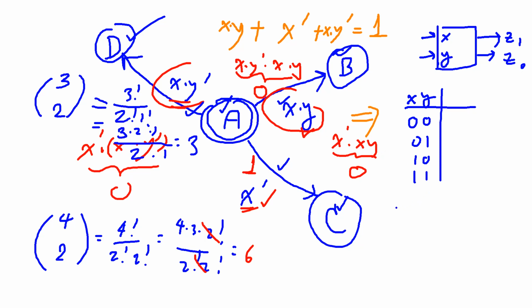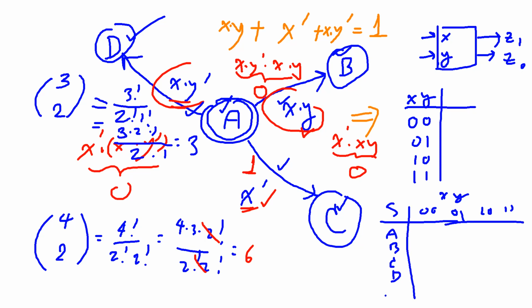Namely, you write something like this: states, for example A, B, C, D, and inputs x, y, maybe 00, 01, 10, and 11. And you just check to find the next state.